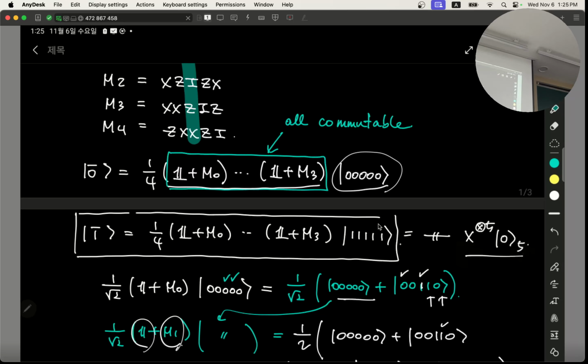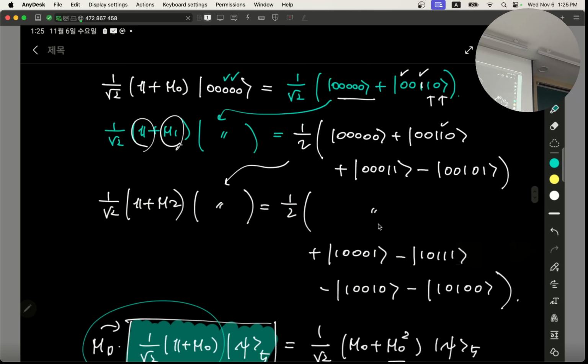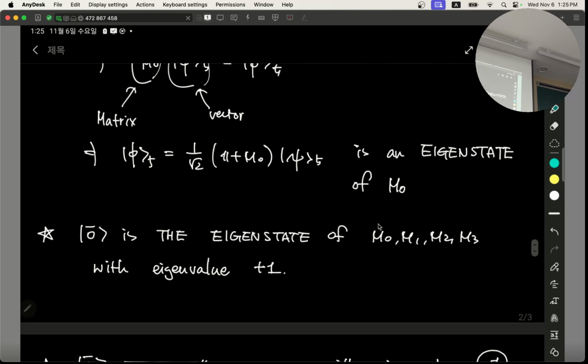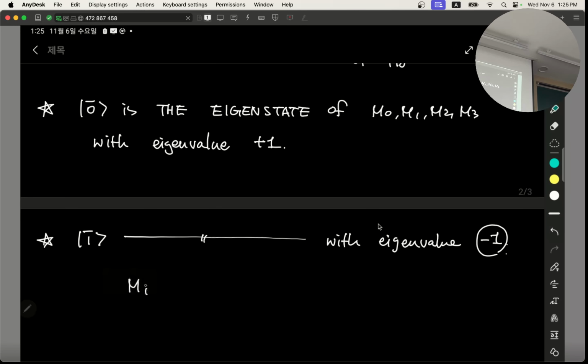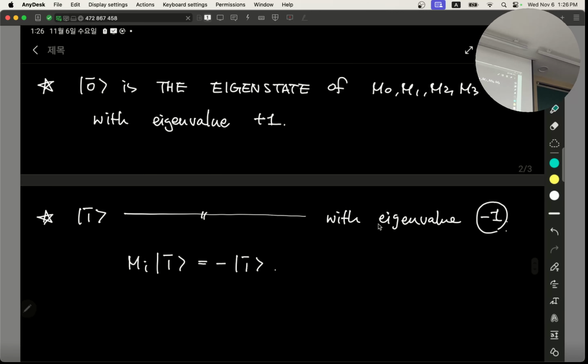So when I say it's an eigenstate with eigenvalue minus 1, I want to say if I apply Mi for any i from 0 to 3, it gives me minus the logical 1. So let's find out why that is.